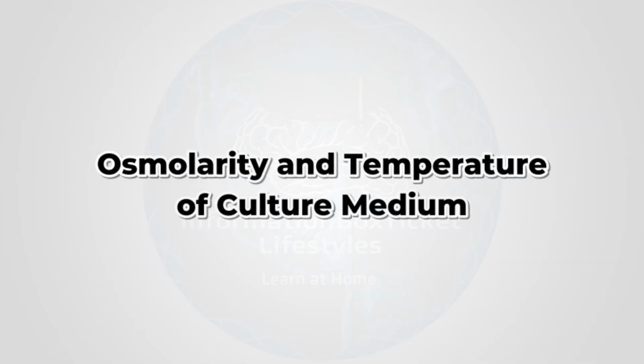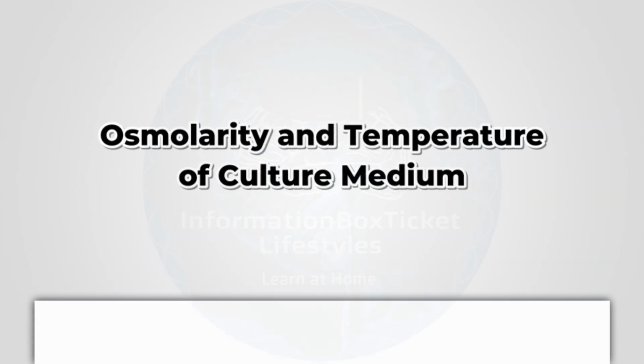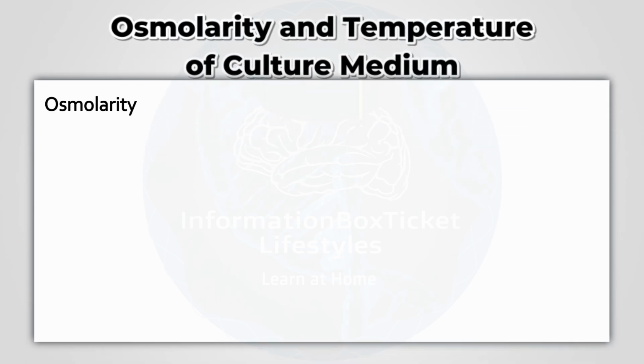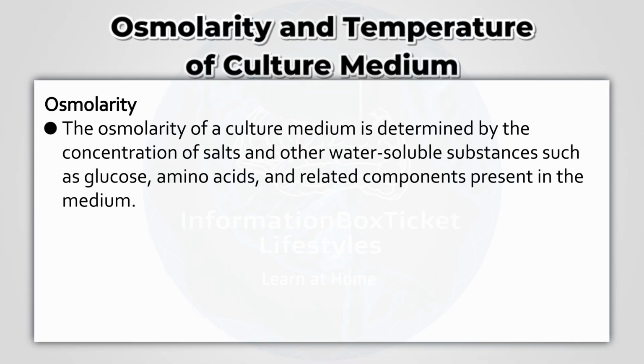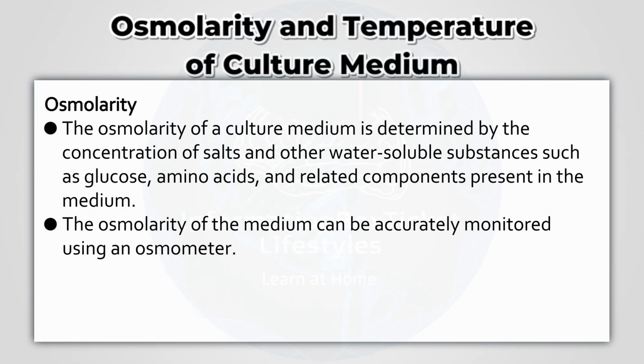Osmolarity and temperature of culture medium. Osmolarity. The osmolarity of a culture medium is determined by the concentration of salts and other water-soluble substances such as glucose, amino acids, and related components present in the medium. The osmolarity of the medium can be accurately monitored using an osmometer.